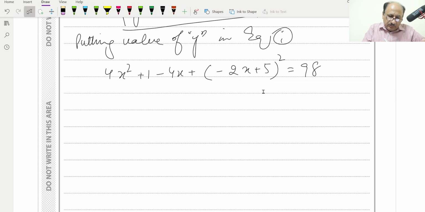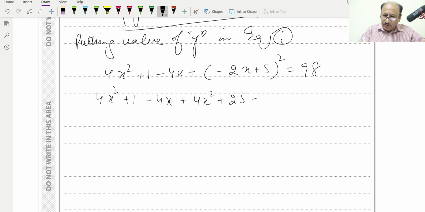So we can write it as 4x squared plus 1 minus 4x, and we can open this square, this will be plus 4x squared plus 25 and minus 5 into 2, 10, 10 into 2 will be 20, so 20x, and is equal to 98. Further, we can add these.